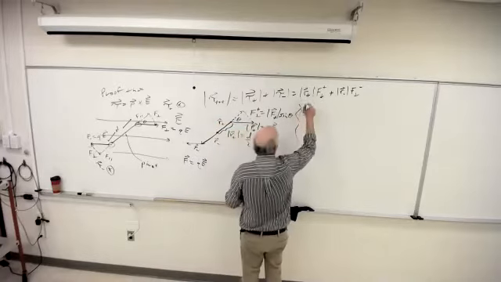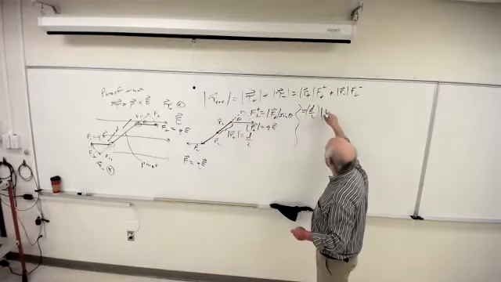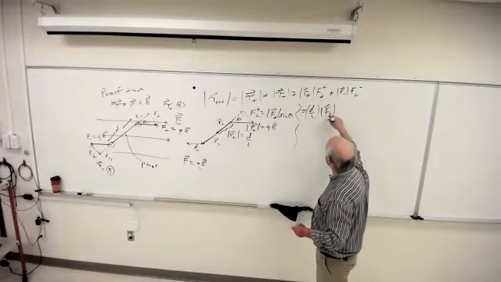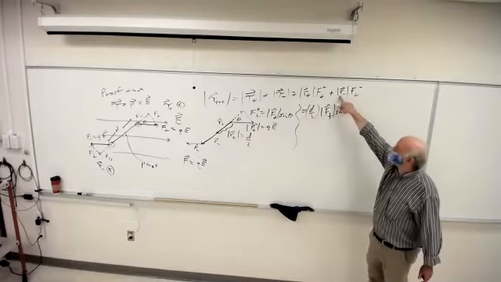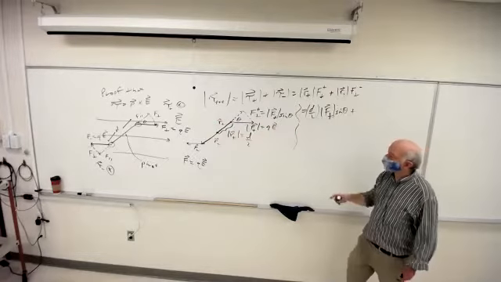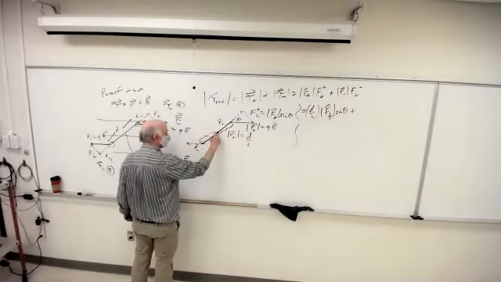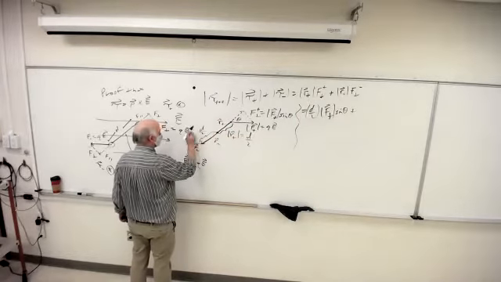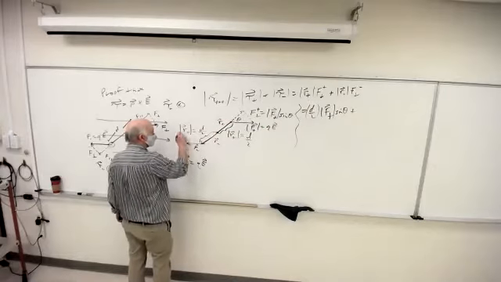This gives you D over 2 here. This guy here is F on the positive charge. Plus, now let's do this guy. What is my R minus? Yeah, so this guy here, that's D over 2, because this right here is my R minus.